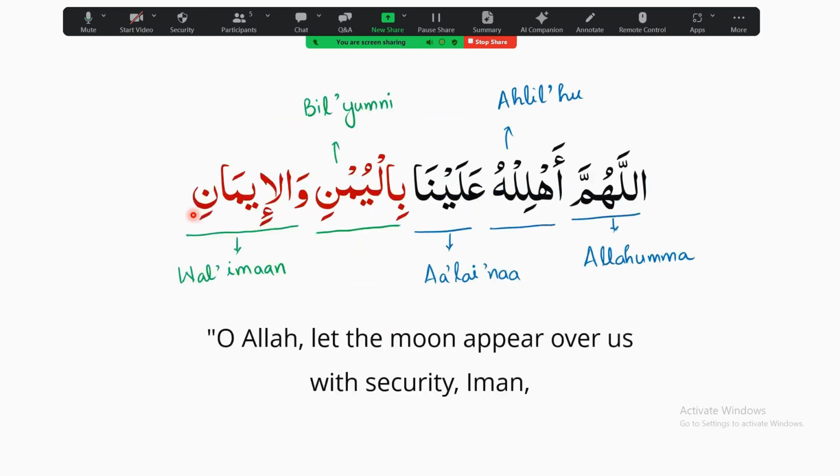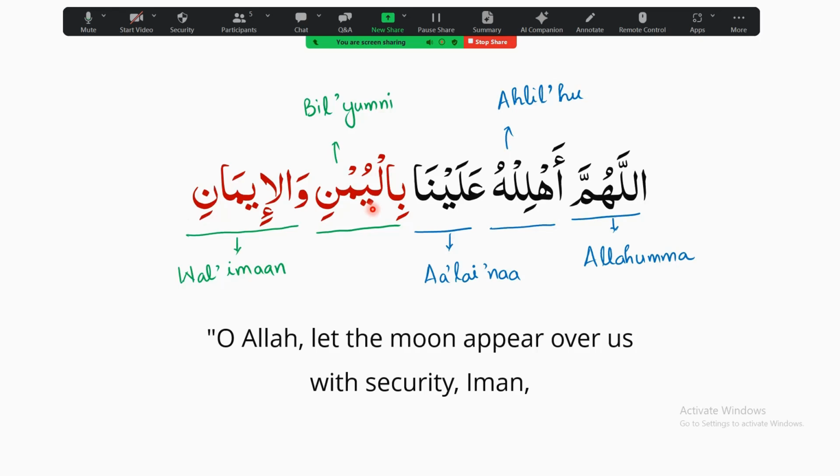So let's say this one more time. Allahumma ahlilhu alayna. O Allah, let the moon appear over us. How? Bil yumni wal iman. These two words again are similar sounding, because their meaning is similar here as well.